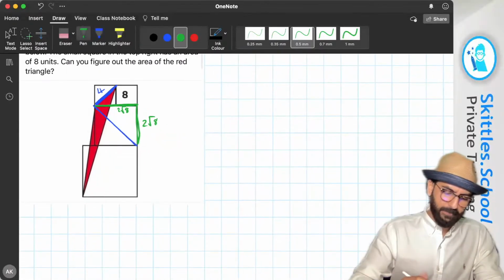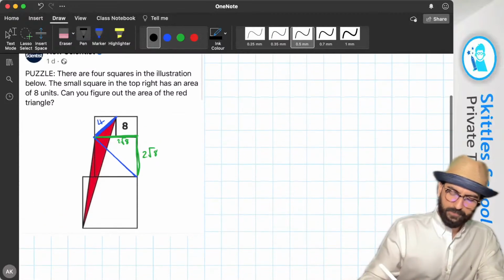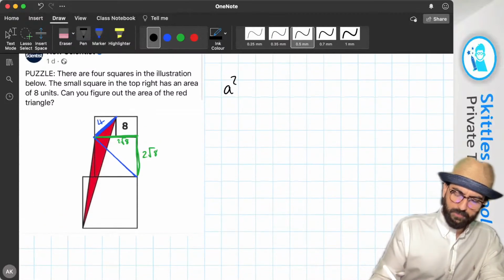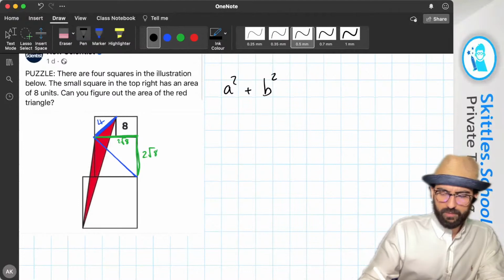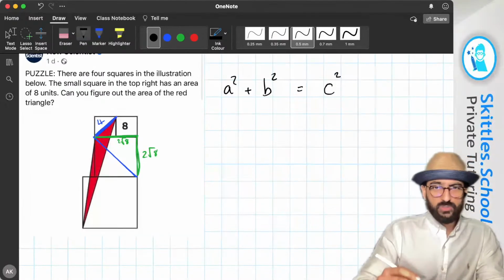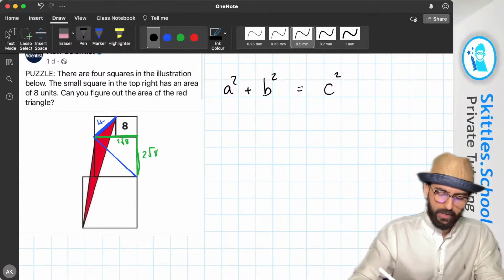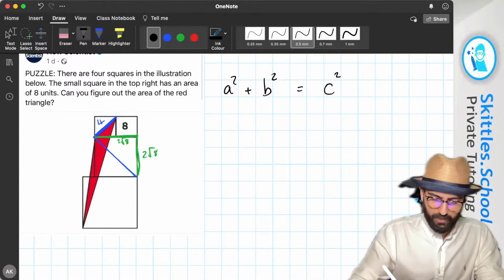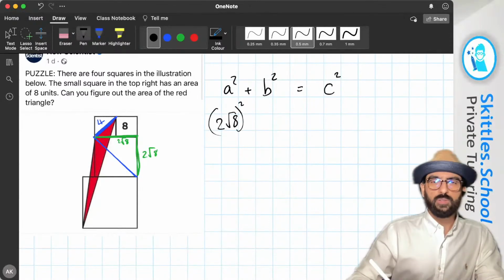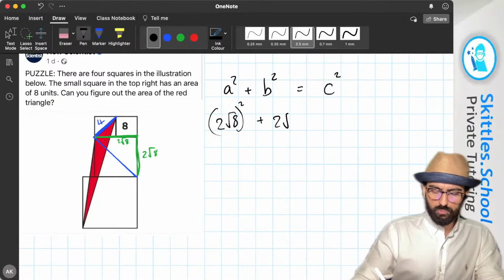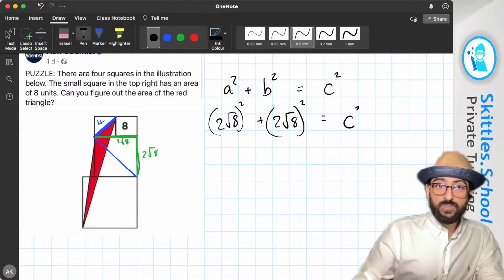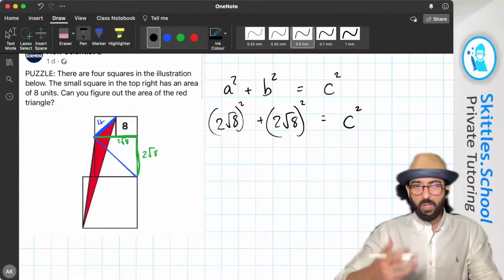Let's zoom out a little bit and do that again. So a squared plus b squared equals c squared. a and b are the same because the sides of the square are the same. So 2 root 8 squared plus 2 root 8 squared equals c squared. Now we just work these out.